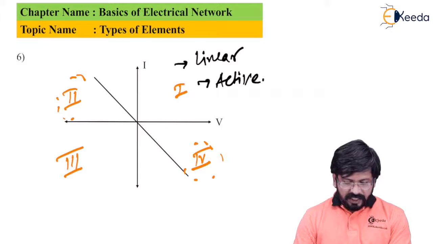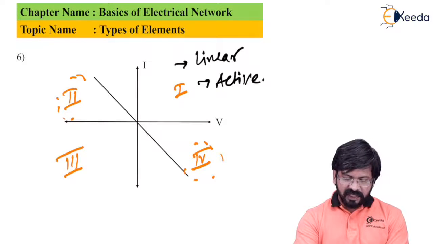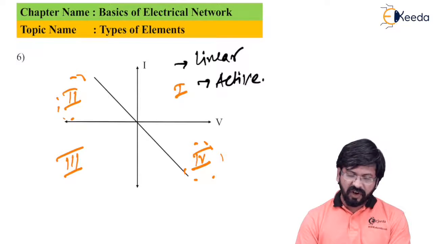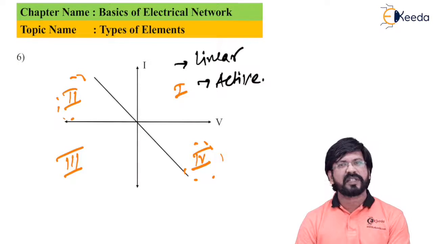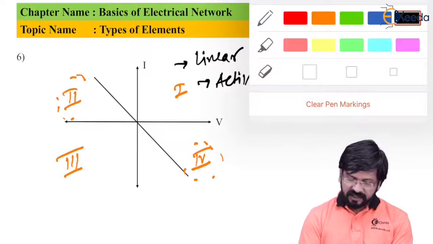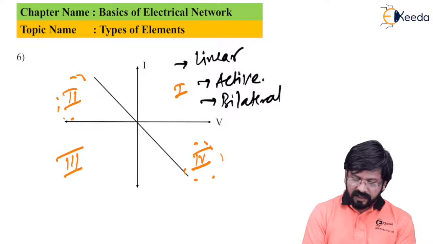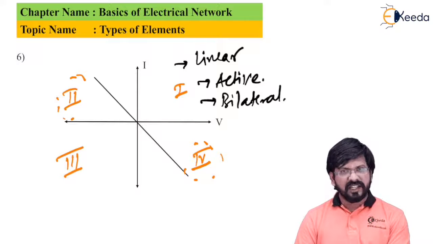Next, as you can see, the characteristic present in the second quadrant is present in a similar fashion in the fourth quadrant also. So if you see a similar or exactly the same characteristic in diagonally opposite quadrants, it always belongs to a bilateral component. So for the third category, we can conclude that it is a bilateral component. So from this figure, we can conclude that it is linear, active and bilateral.